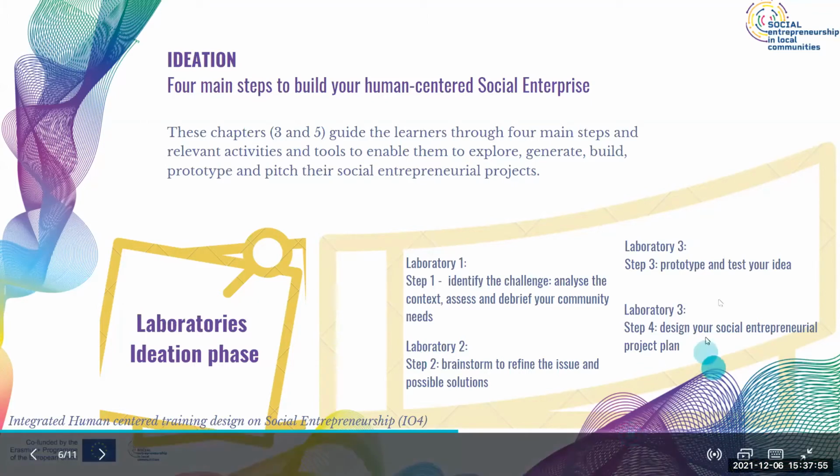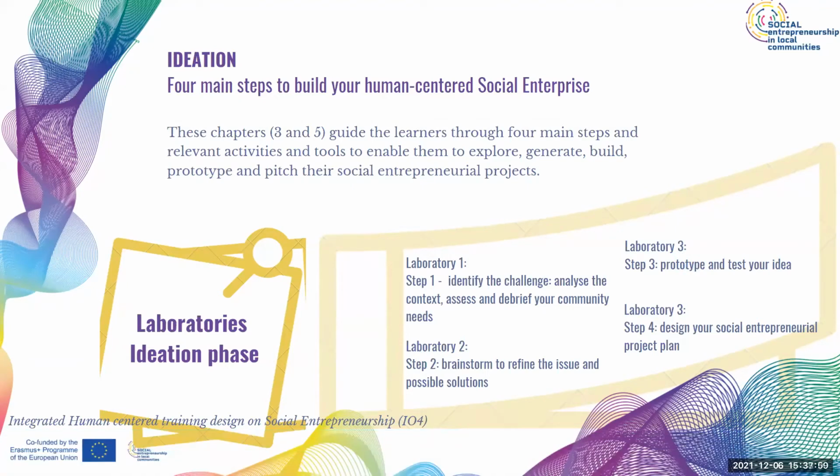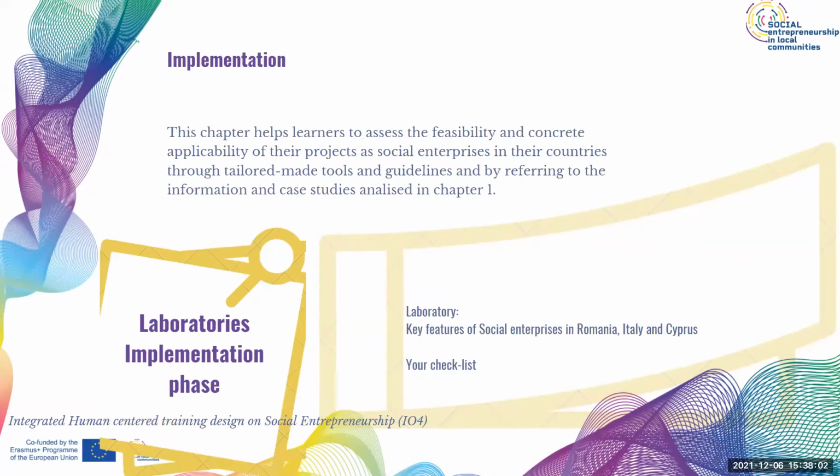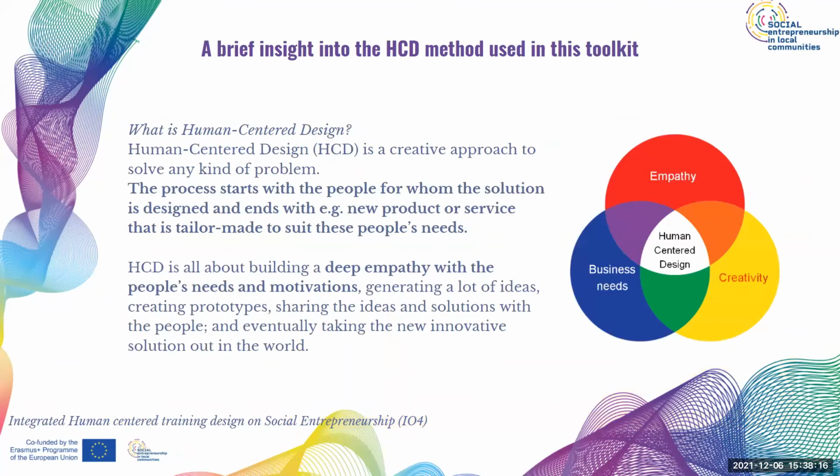And step 4, designing a social entrepreneurial project plan through different tools, of course. And then the last part allows learners to compare the key features of the social enterprises in Romania, Italy, and Cyprus with their own idea through a checklist.